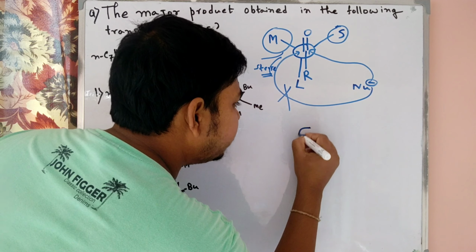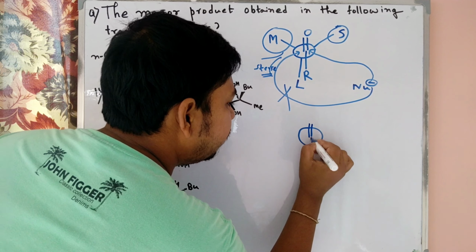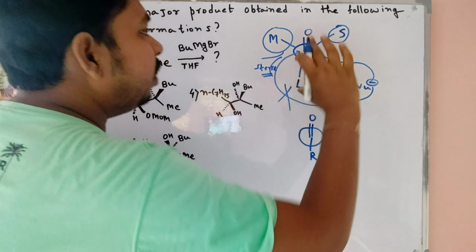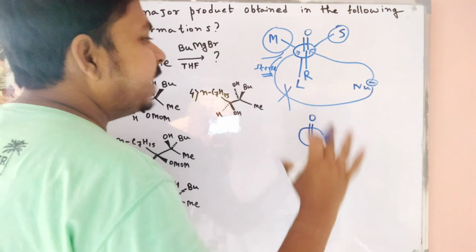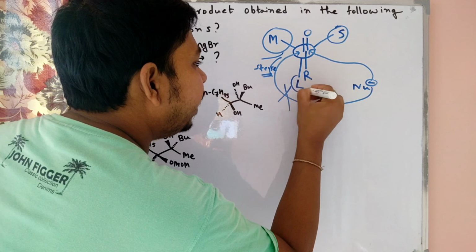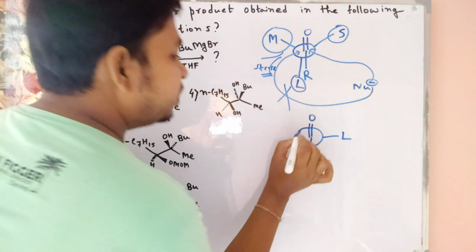But we also have to show the stereochemistry. The front carbon is fixed here. Before nucleophilic attack, we first rotate the structure, placing the large group here.